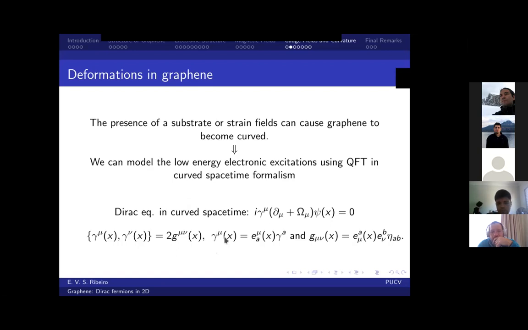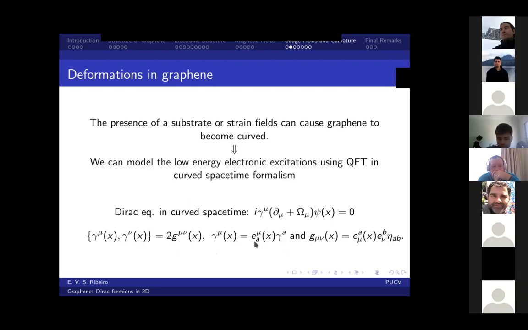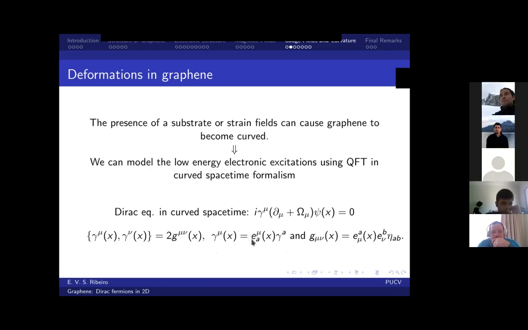And these new Dirac matrices are related to the old Dirac matrices by the vielbein field. This is basically another formulation of general relativity, or more generally for studying differential geometry in curved manifolds. I won't dive into details about that, but feel free to ask if you wish. But they are related to the old Dirac matrices, the ones we all know from special relativity. And the curved metric will be related to the flat metric by means of the vielbein also.